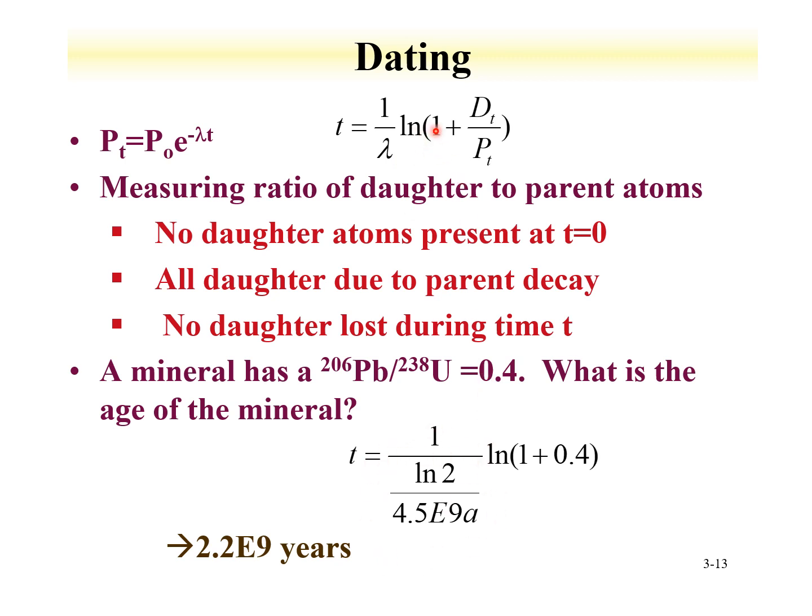So we can just take those values at time 0, the daughter is not present. At time t, the ratio of the daughter to the parent is 0.4. So this becomes the inverse of the decay constant times log of 1.4, and you get 2.2 billion years.